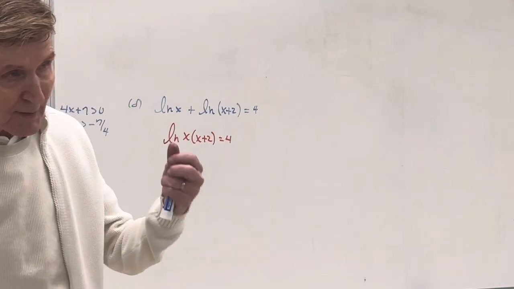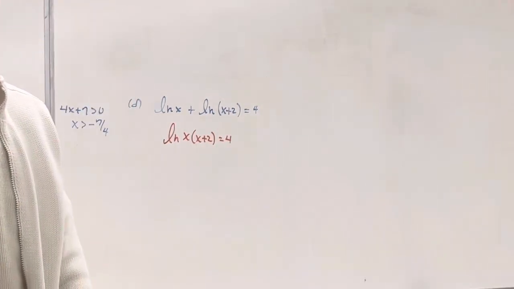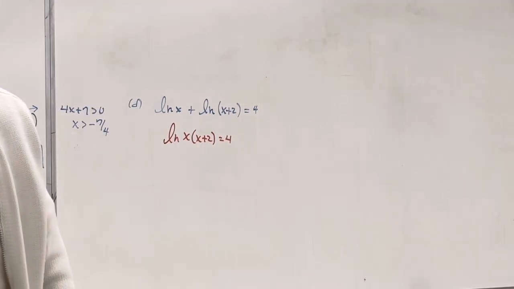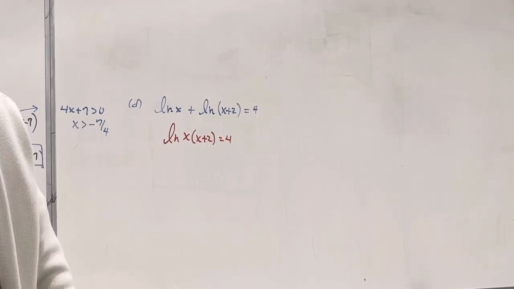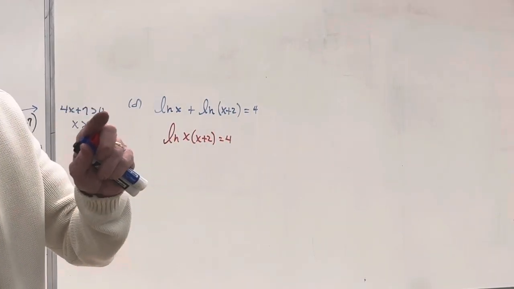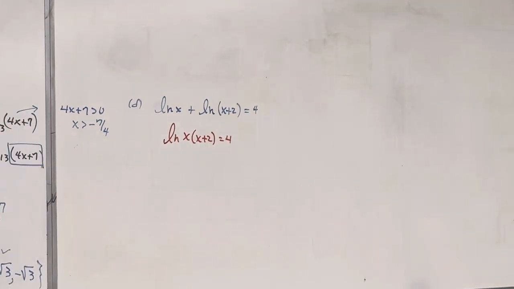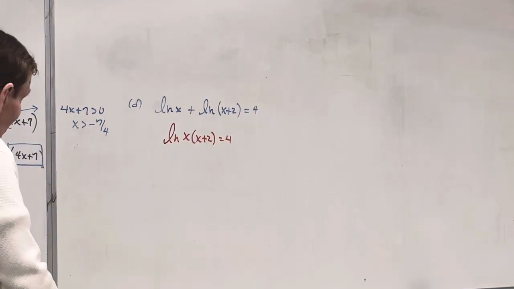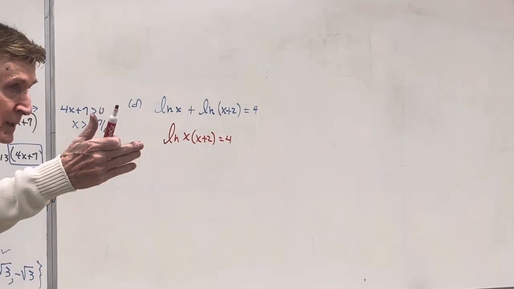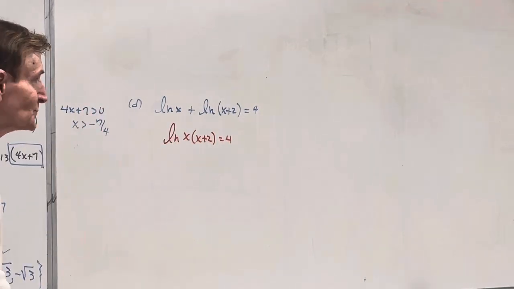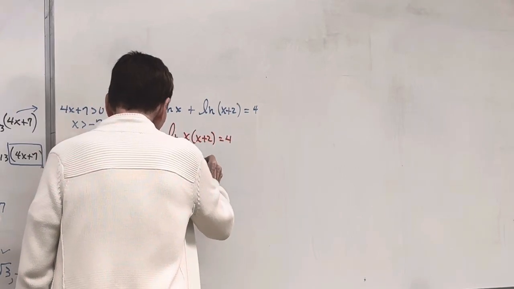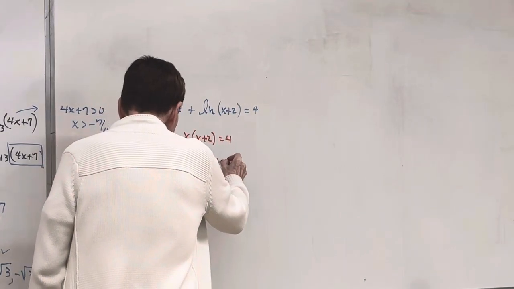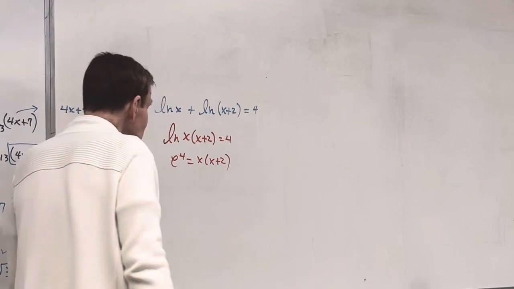That's why I'm having this one be my last one. Product property. Now can someone tell me what this looks like in exponential form? What does that look like if I ask you to please drop the ln? Tell me what it means. e to the power of 4 equals x times x plus 2. Thank you. That's what it means.